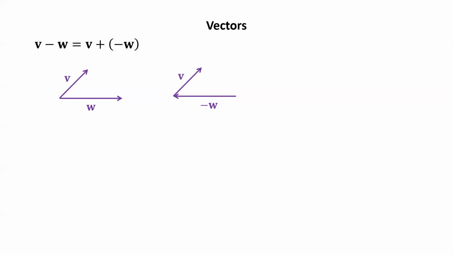And now notice that this is set up perfectly to do an addition. When we add negative w and v, we get this red arrow here. And negative w plus v is the same vector as the vector v plus negative w, or v minus w, as we had previously shown.